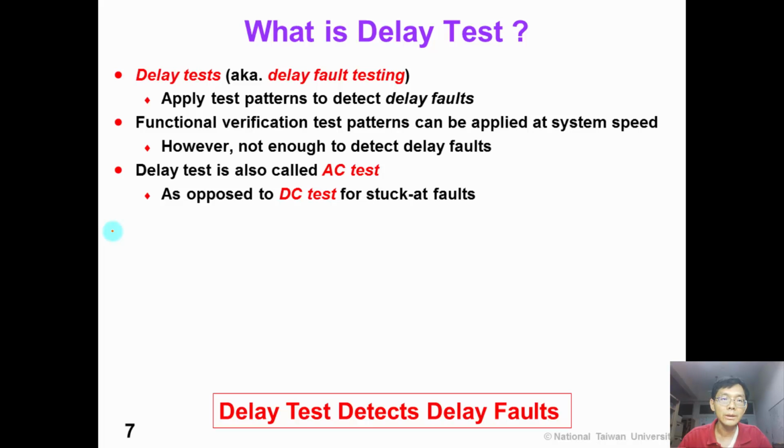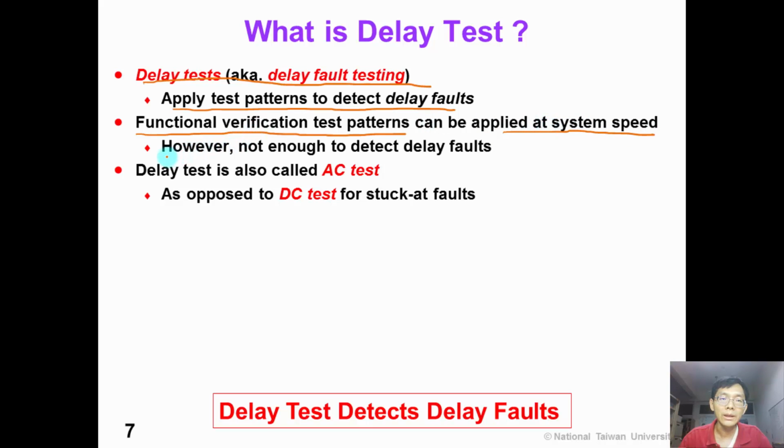So what is a delay test? Delay test is also known as delay fault testing. In delay test, we apply test patterns to detect delay faults. Intuitively, designers would use functional verification test patterns at system speed to detect delay faults.